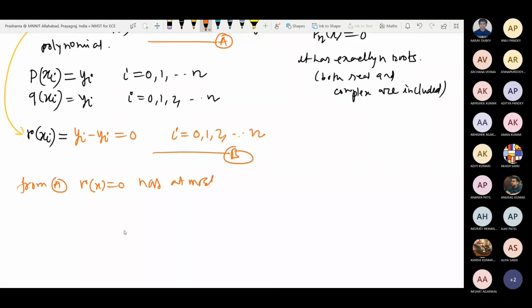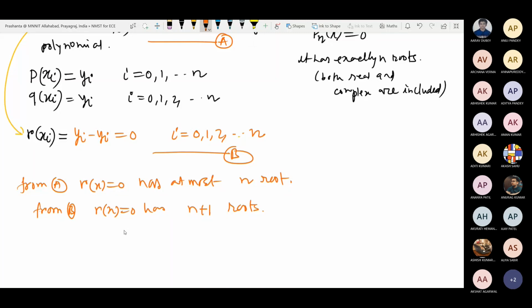At most n roots, because it was at most an n degree polynomial. And from B, how many roots can you see? R of x equals 0 has n plus 1 roots. So are they not contradictory to each other?